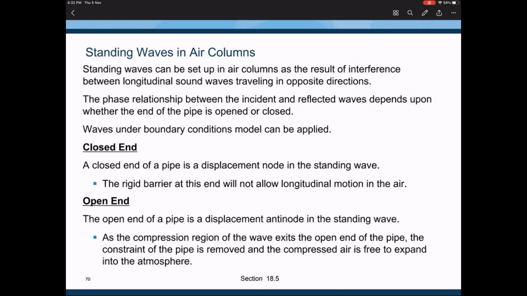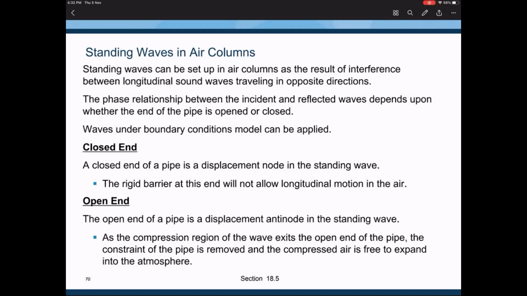So now we try to find out what is the relation between the resonant frequency of the standing wave in the air column and the length of the air column.